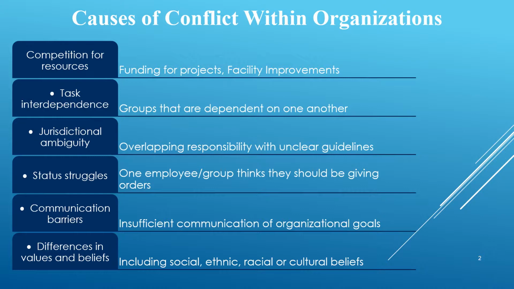The other communication barrier can also be as far as language barriers. And then the last one is difference in values and beliefs. So sometimes we have conflict just based on different social, ethnic, racial, and cultural beliefs. And so as a manager, it's our responsibility to help our team members realize that we are all on the same team. We are all here for the same purpose.